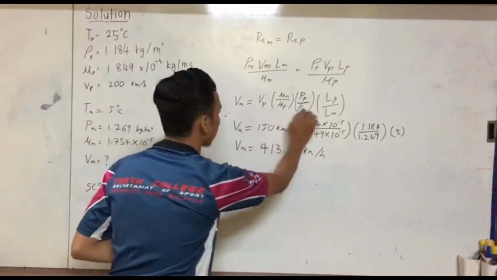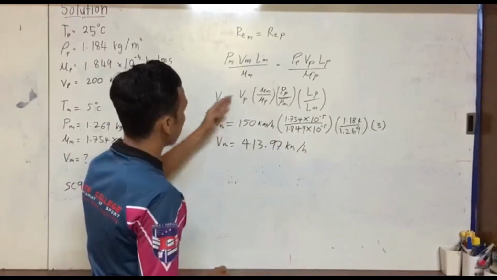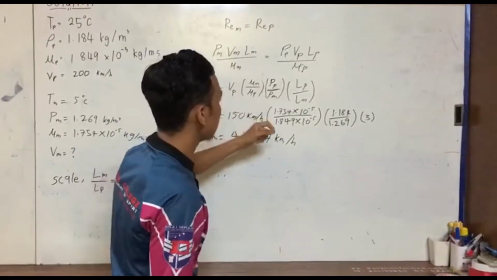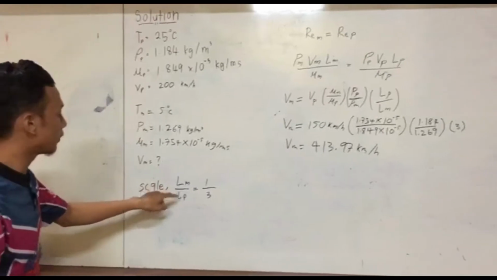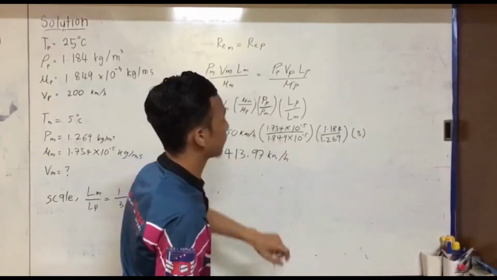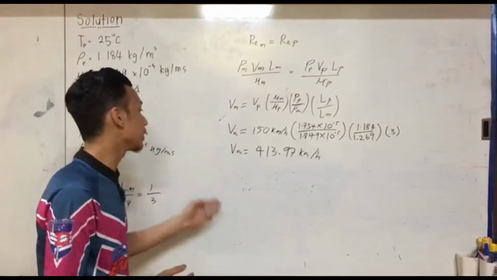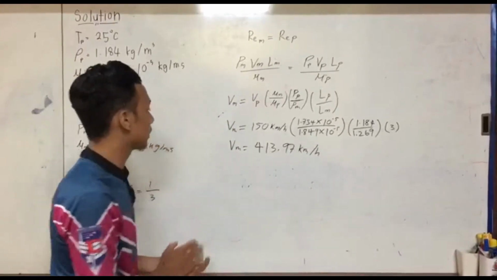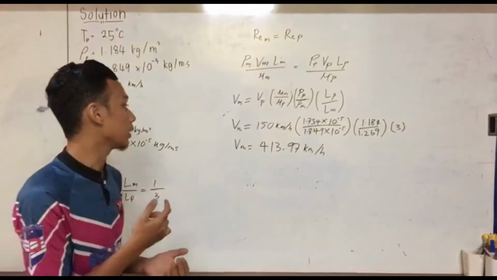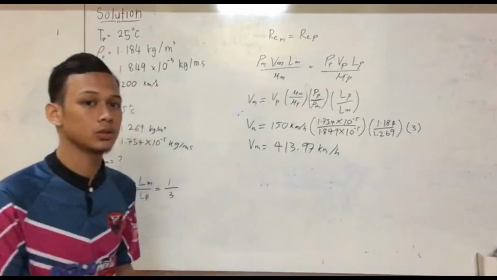We substitute the values: the prototype velocity, dynamic viscosity, density, and the ratio. Lm over Lp is 1/3, so now we use Lp over Lm, which is 3. At the end, we calculate and get the velocity. The velocity of the model that we need to run is 430.97 km per hour. So that's all from me. Thank you.